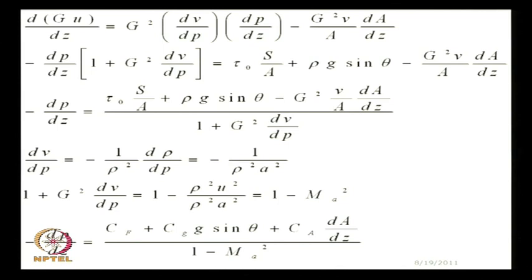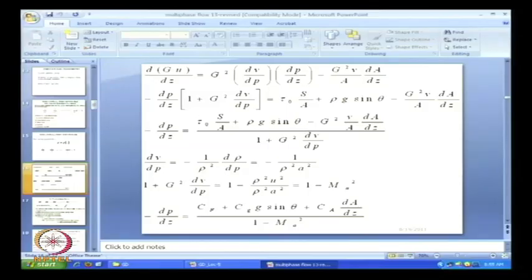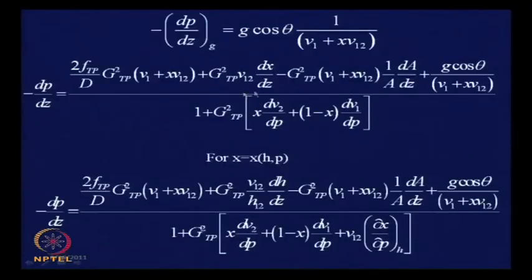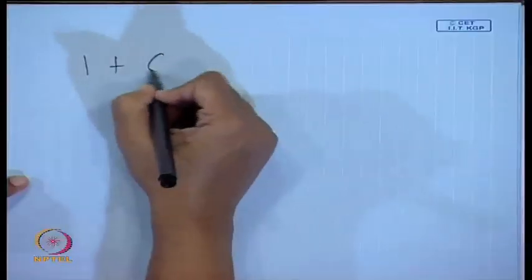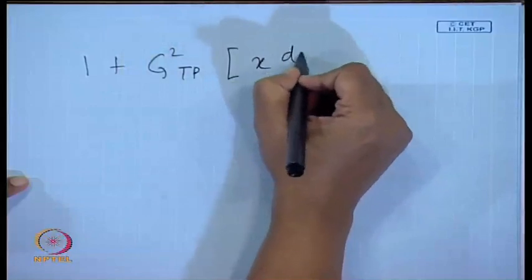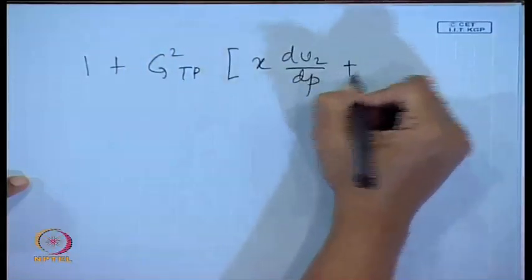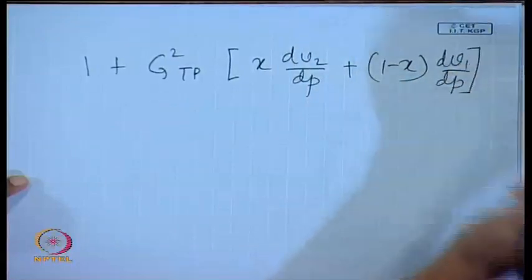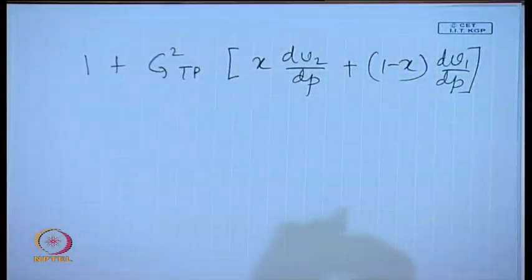Now, if we look at the denominator which we had obtained for the homogeneous case, what was that denominator? Let us see now. That was 1 plus G square two phase x dv to dp plus 1 minus x. This was the denominator which we had obtained.